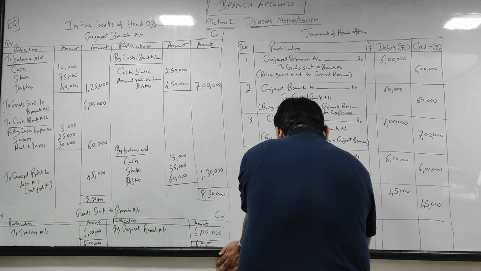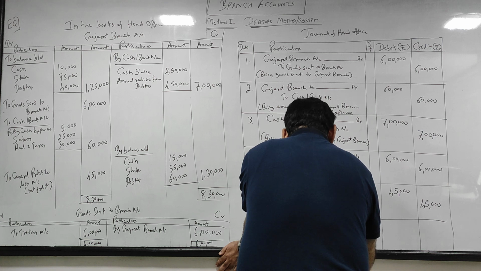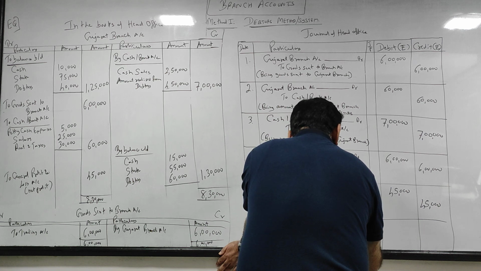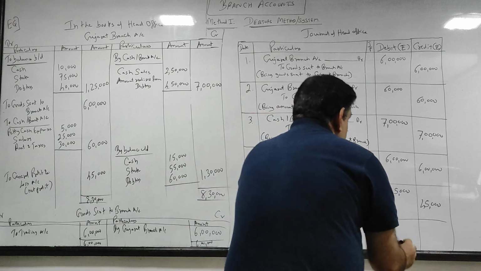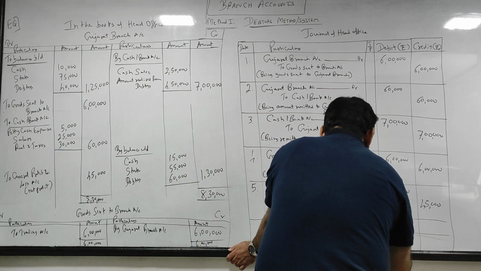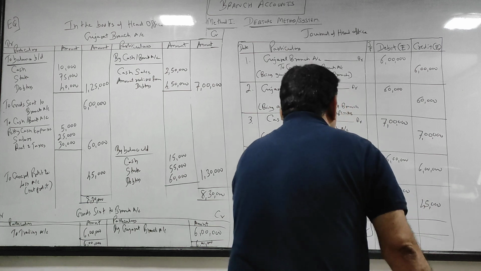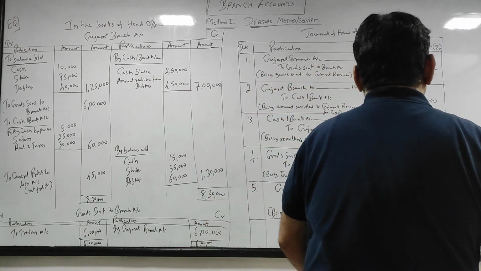Being Gujarat branch profit transferred to general profit and loss account. Being Gujarat branch profit transferred to general P&L account.